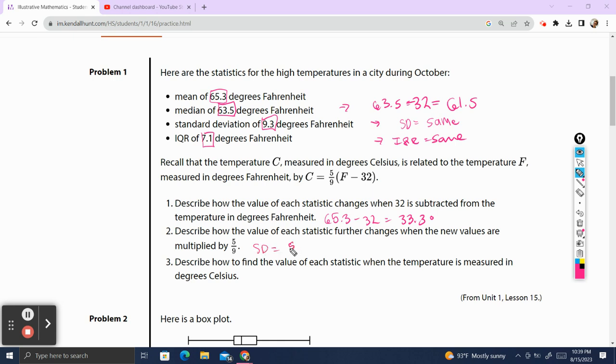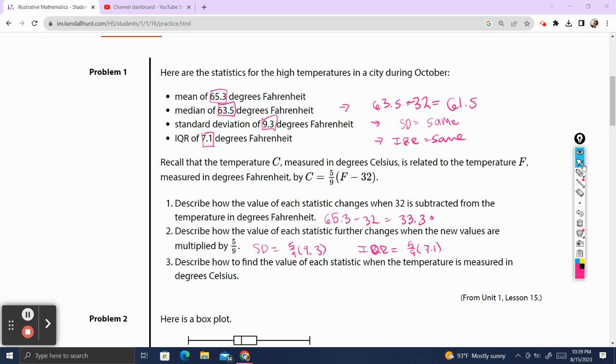It's going to be 5/9 times our original standard deviation of 9.3 degrees Fahrenheit. The same is going to be true for our IQR. It does not stay the same in this case because everything is being changed by 5/9. It's going to be 5/9 of our original IQR.